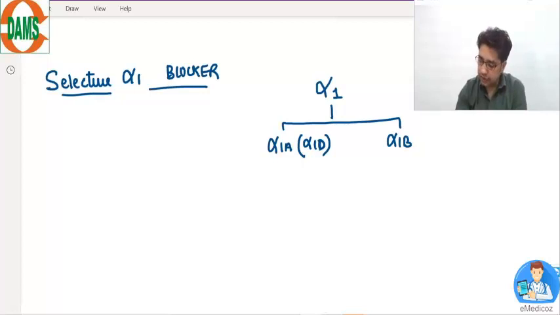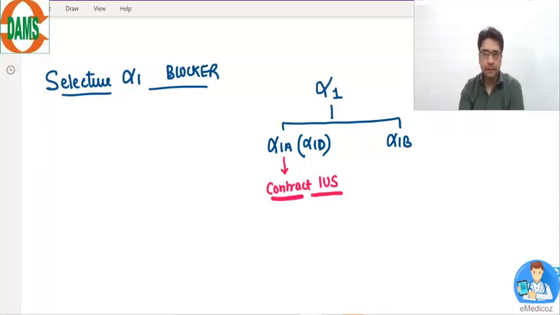Alpha 1A receptor contracts or closes the internal urethral sphincter. And alpha 1B causes vasoconstriction, and vasoconstriction will increase blood pressure.